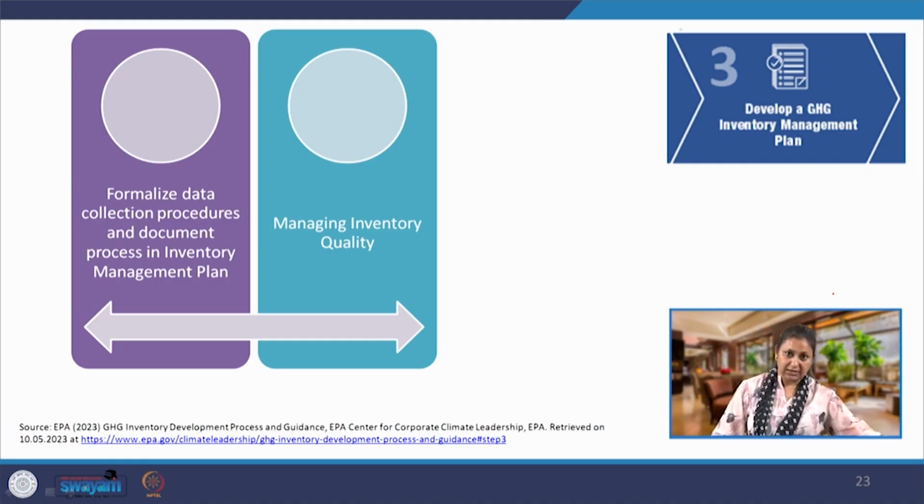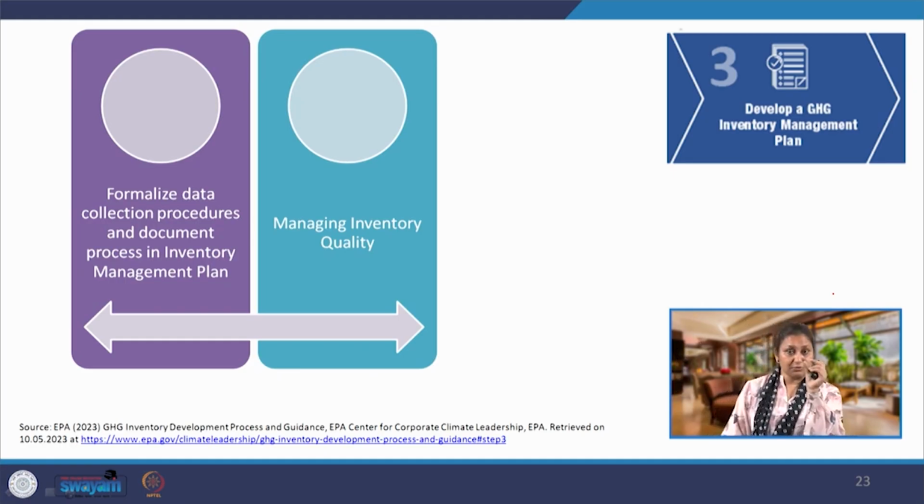We have already identified the inventory, we have collected the data, and now when we have all that data together, we put it all together and identify how to manage this inventory, the quality of this inventory, which has to be done for several years down the line continuously, because we are talking about a target year from a baseline year. So, it has to be continuously managed, not just managed, we also have to achieve the target of reducing the greenhouse gas emissions.